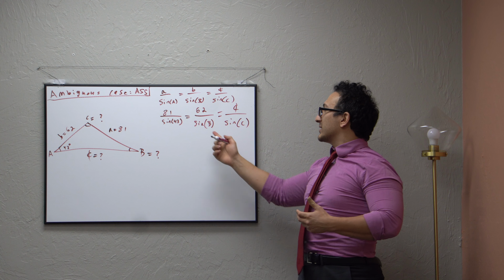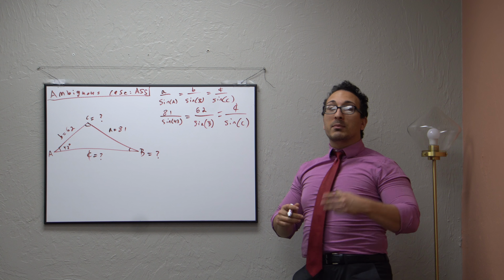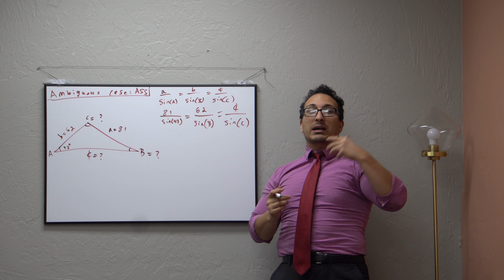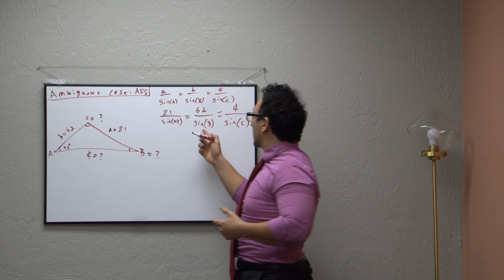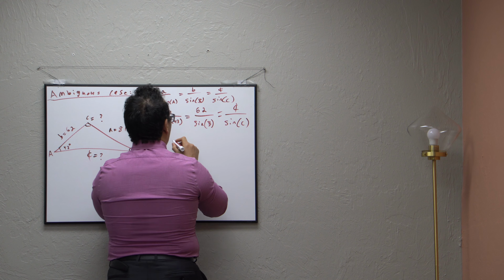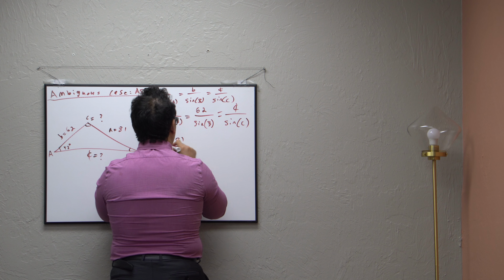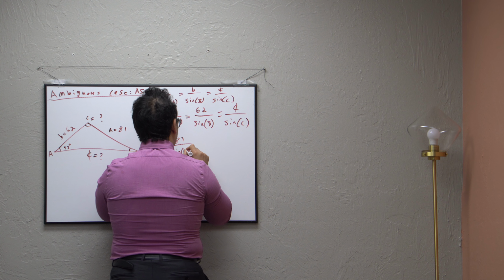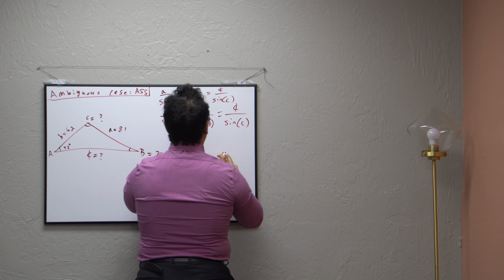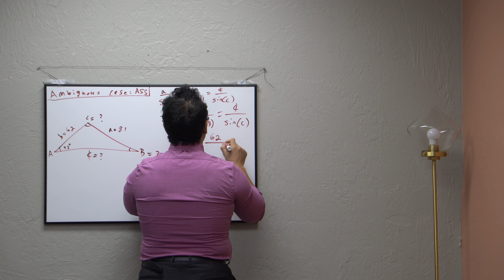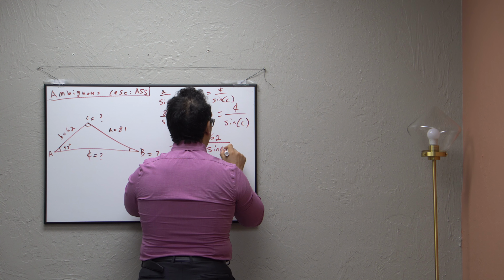That behooves us to set this expression equal to that, because if we have one unknown, we can algebraically solve for the unknown, namely the sine of b term. So whenever we do that, I get 81 over sine of 43 degrees, which when you plug it into your calculator is just a number, is equal to 62 divided by sine of b.